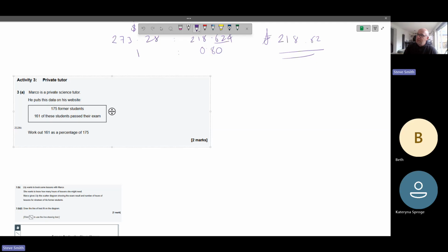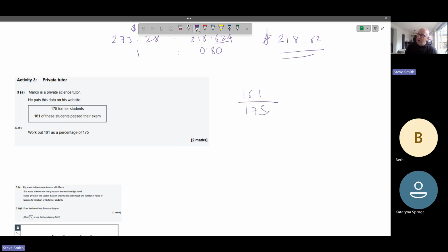It's given us what the fraction is: 161 of 175 people passed, as a fraction. If we could see that as, say, 8/10 of people, we know that 8/10 is 80%. But for 161/175, I've got no idea what percentage it is without working it out.